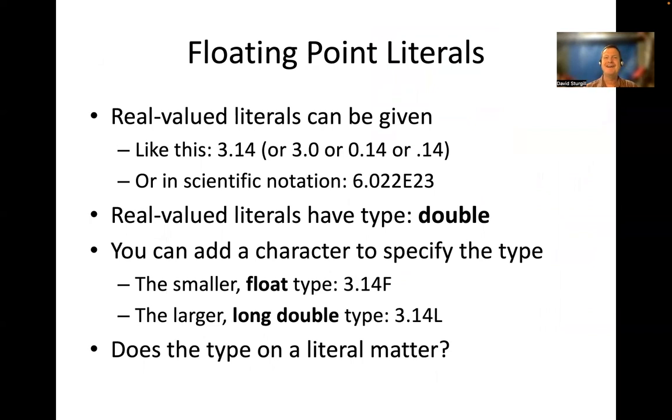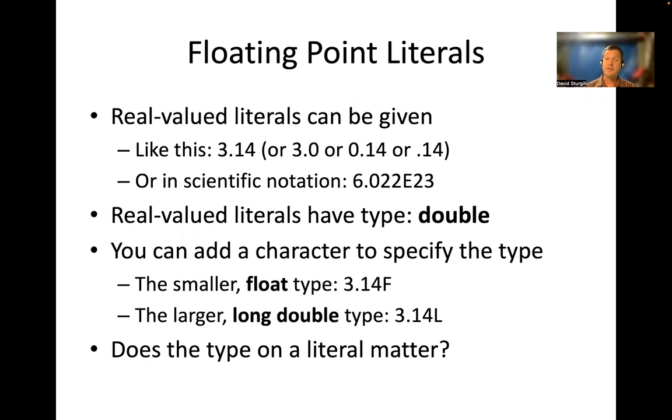Before we talk about that, when you write a program, you might have to put literal floating point values in it, just plain old numbers of a floating point type. And kind of like integers, if you just give a floating point number like that 3.14, it'll assume you mean double unless you say otherwise.